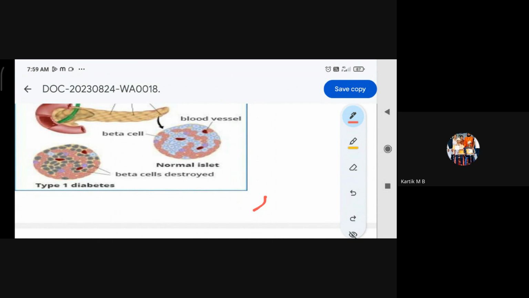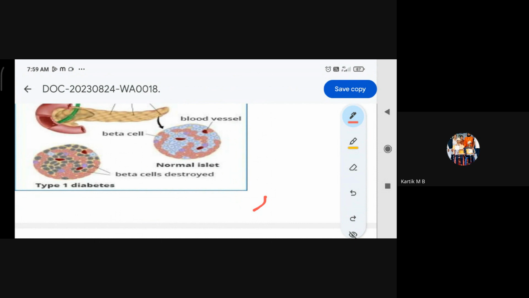So when the pancreas is not efficient enough to produce insulin, meaning the pancreas is not producing enough amount of insulin, then also the cells are not getting insulin, and glucose will enter the cell with the help of insulin only.